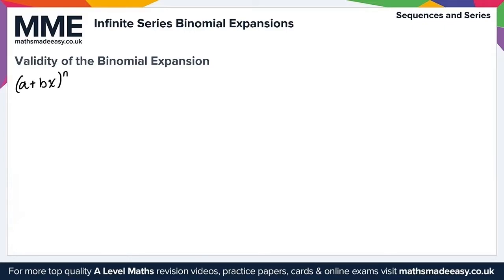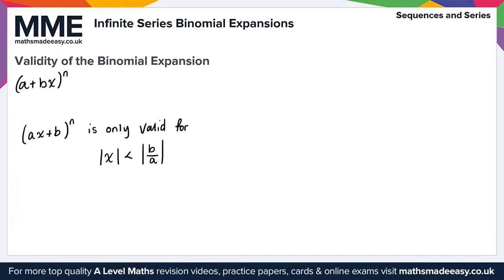Specifically, the binomial expansion of ax plus b to the power of n is only valid, so we just write this out here just so we can make a note of it, for the following expression. Okay, so that's what we need for the validity of the binomial expansion.